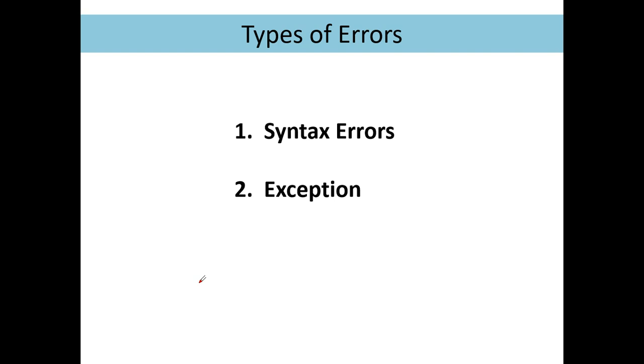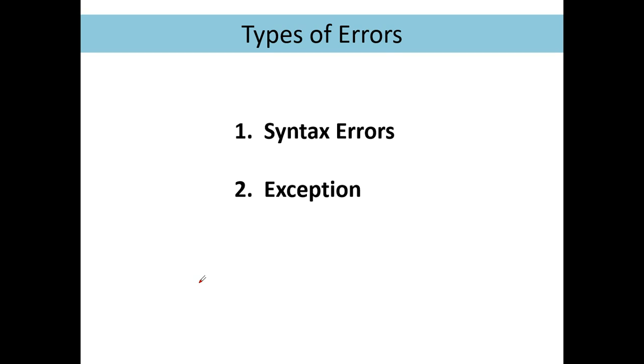Now we have something called types of errors. Basically, everything in Python in this sense is called an error. So errors are of two types: syntax error and the other one is the exception.